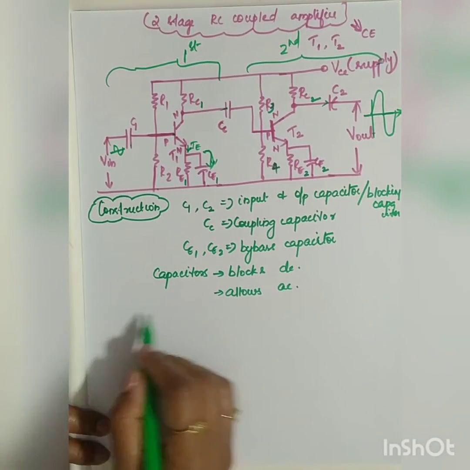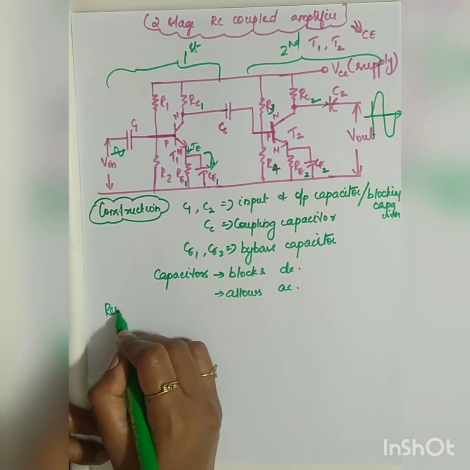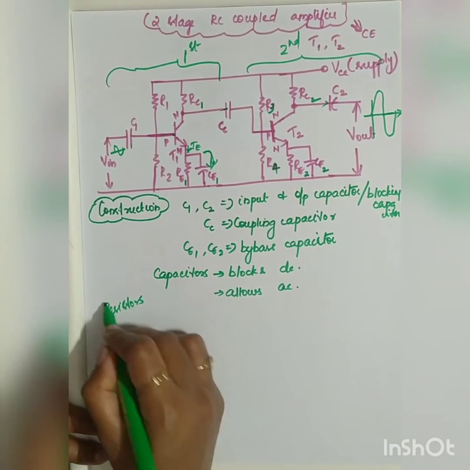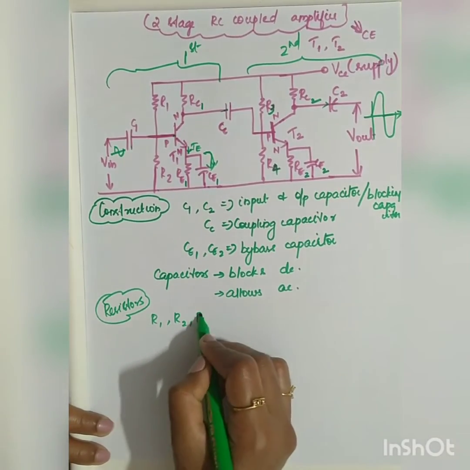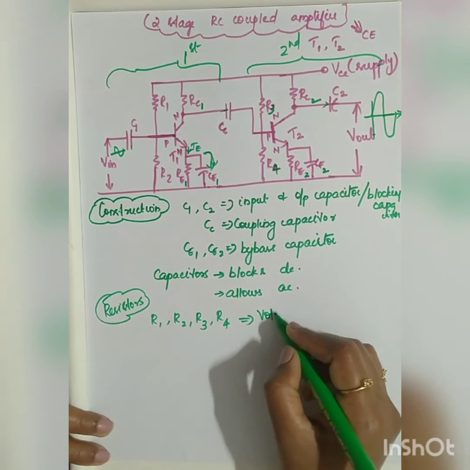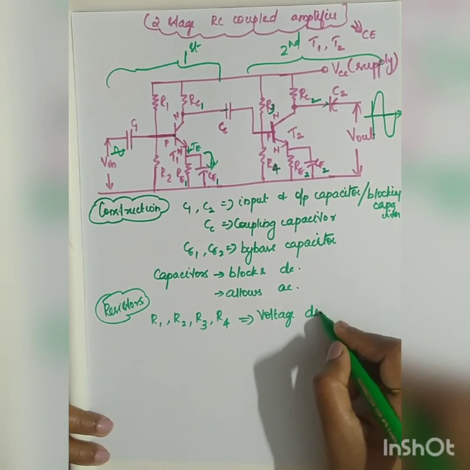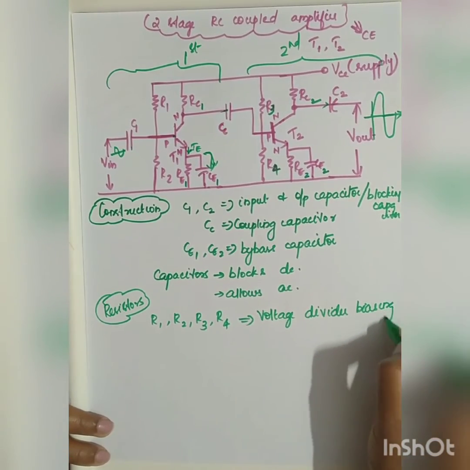Now what are the other components which you have? When we come to the resistors, you have R1, R2, R3, R4, which give the voltage divider biasing. So what is the use of voltage divider biasing?